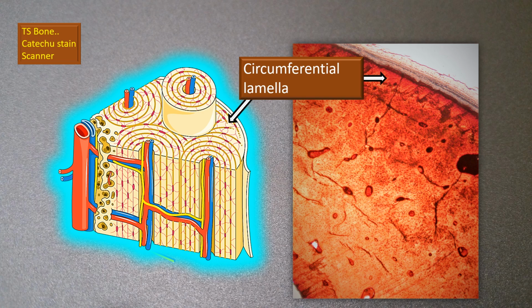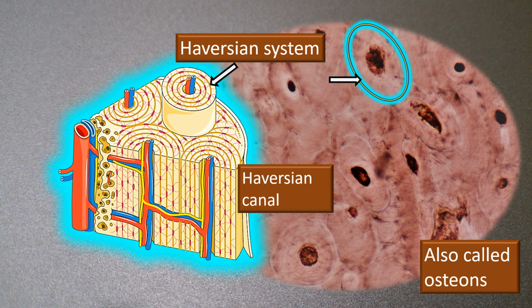Now see, that is a Haversian system. It contains a Haversian canal along with various bone-rich lamellae. Now one lamella is separated from the adjacent lamella by a line of a circle of spaces. The spaces are known as lacunae.